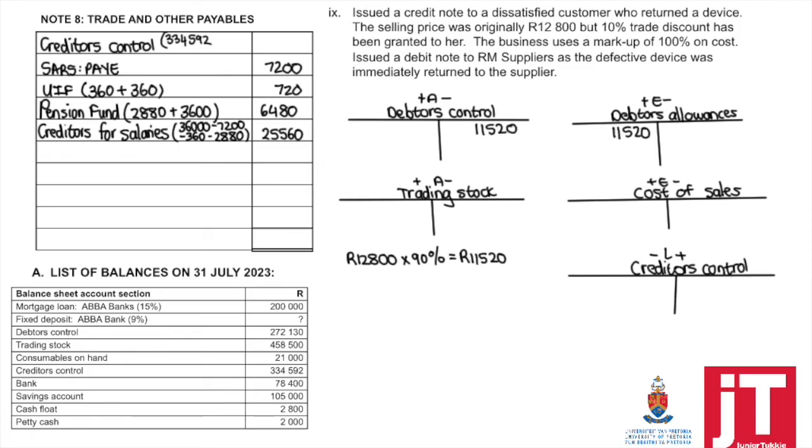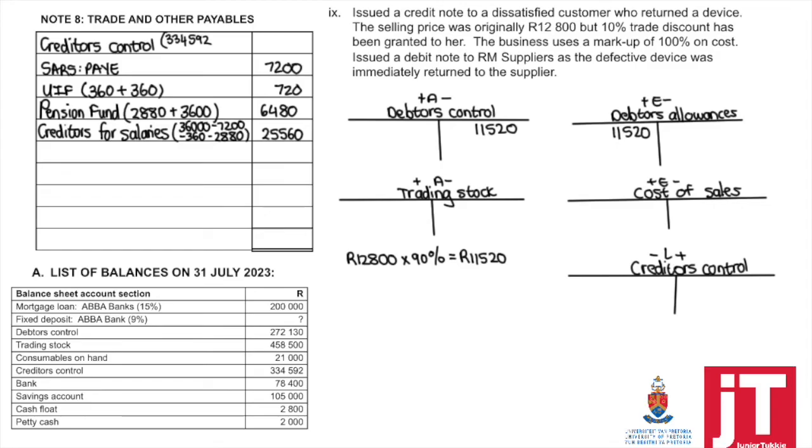It means that the credit note will reflect this debtor owes us $11,520 less. Debtors' allowances would have been debited. Again, that is not applicable to any of the questions asked here because they didn't ask you to do the statement of comprehensive income. I'm just showing you the T accounts so that you have a better understanding.